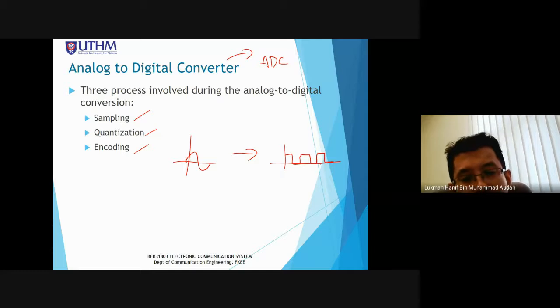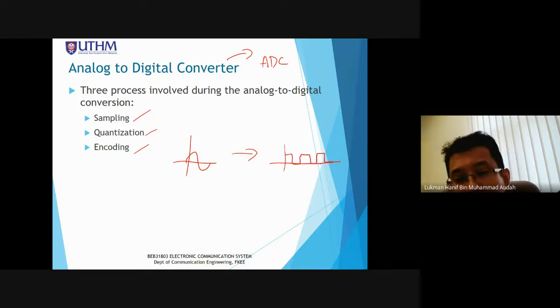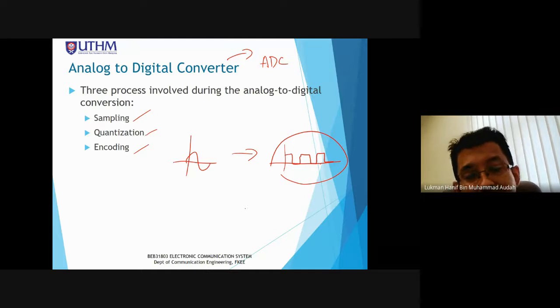So to change analog to digital, we need at least three processes like this: sampling, quantization, encoding. Tujuannya adalah tukar daripada analog kepada digital. Bila dah jadi digital, barulah kita boleh buat proses-proses seterusnya. Okay, ini baru permulaan pada ADC.